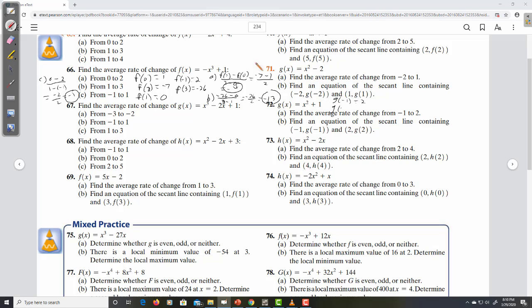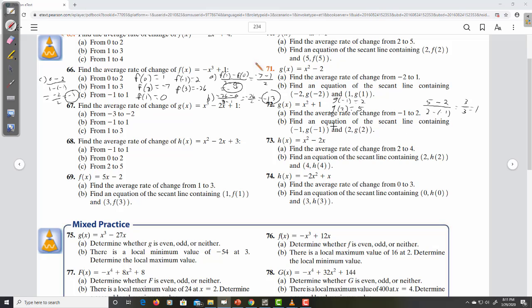G of 2 is 2 squared is 4, plus 1 is 5. Alright then, find the average rate of change from -1 to 2. So g of 2 is 5. G of -1 was 2, over 2 minus -1. That's 3 over 3 equals 1.